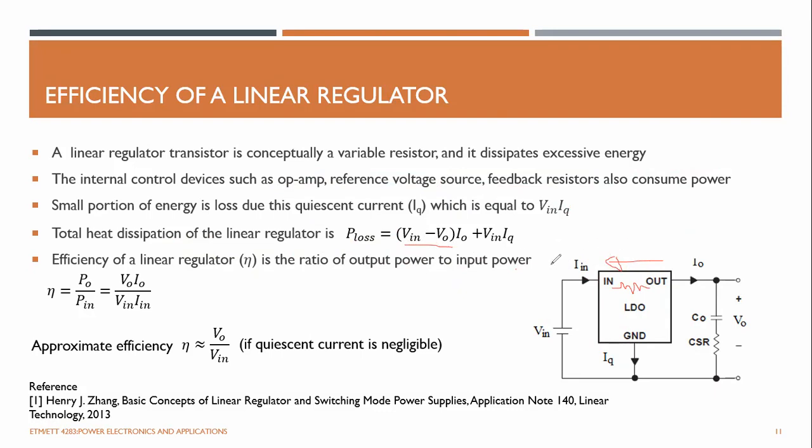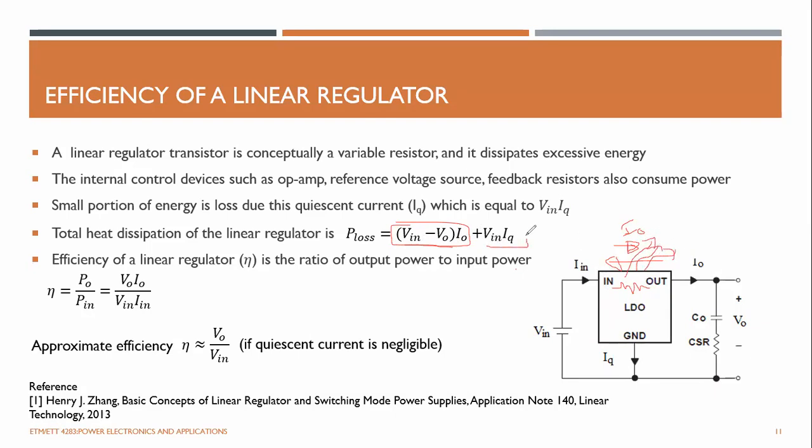This is multiplied by this current, because some part of the current goes through the ground pin and the other part goes through this resistor, which is equivalent to the load current. We know this voltage drop and we know the current passing through the resistor. Applying P equals VI, you can get the heat dissipation through this resistor.